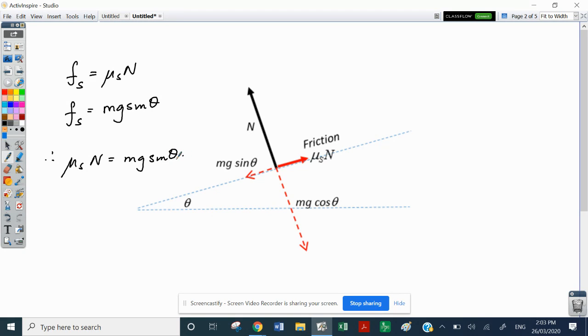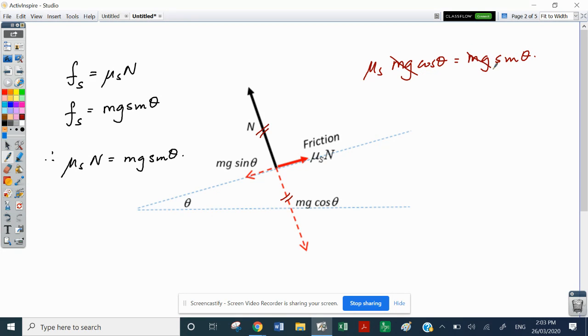Right, now we know that. Don't forget also that N is actually mg cos theta, because these two things are equal there. So mu s times mg cos theta equals mg sine theta.